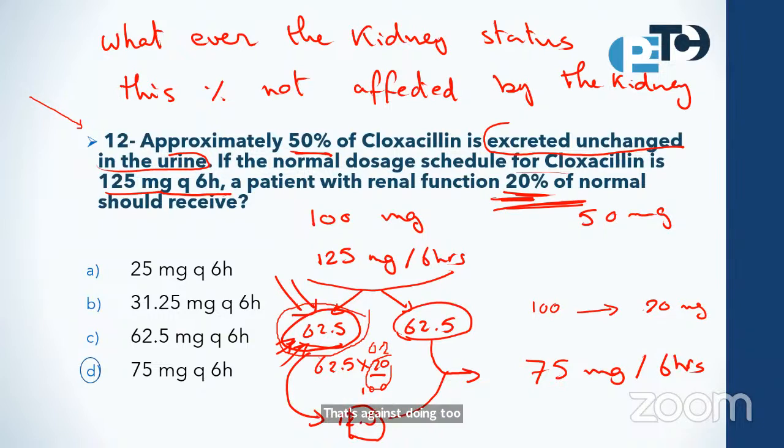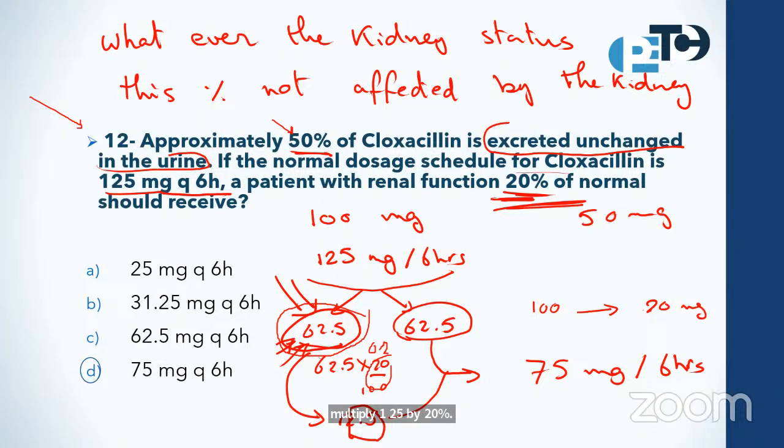If he didn't mention that 50% of the cloxacillin is excreted unchanged, you should do that. You should multiply 125 by 20% to know the new dose.